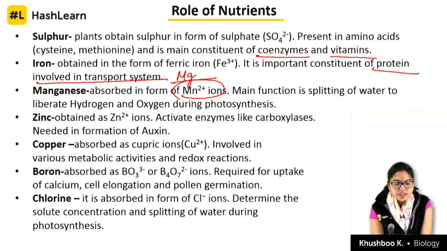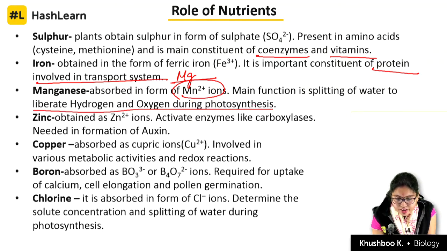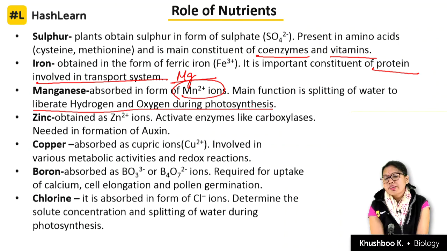So manganese is absorbed in the form of Mn2 plus, Mn is the symbol for manganese, and main function is splitting of water to liberate hydrogen during photosynthesis. This is very important. So this splitting of water is also known as photolysis of water.